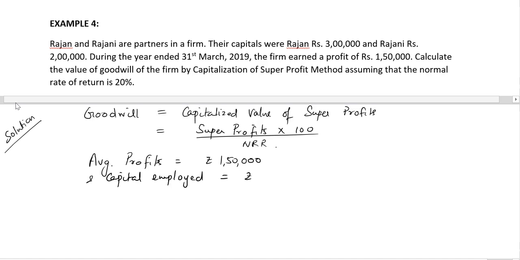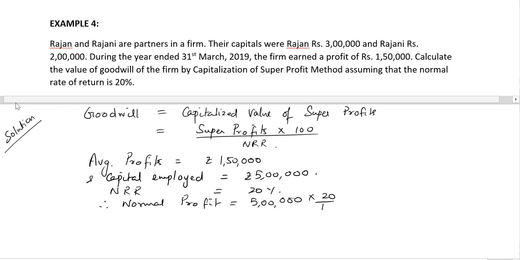So it's rupees 5 lakh. NRR, it's given in the problem as 20%. Therefore, the normal profit is the capital employed of rupees 5 lakh into 20%, which is rupees 1 lakh is the normal profit.